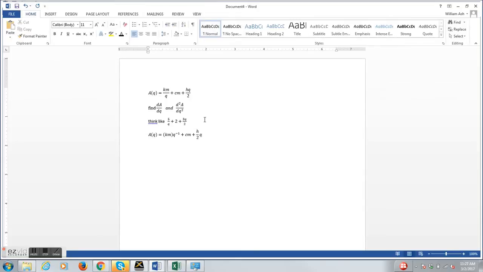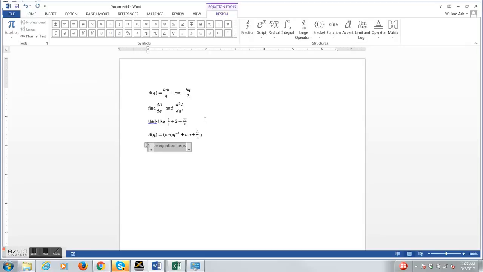So when I take dA/dq, just the power rule on that guy, so negative km times q to the negative 2, right? Negative 1 minus 1. cm is just 0. And then h over 2 times q, so the derivative of that is just the constant, right?